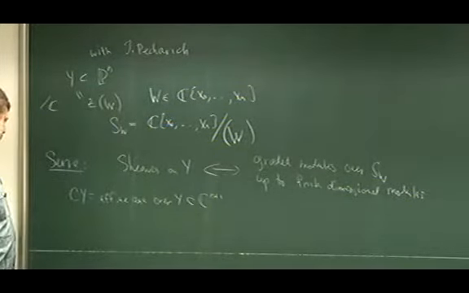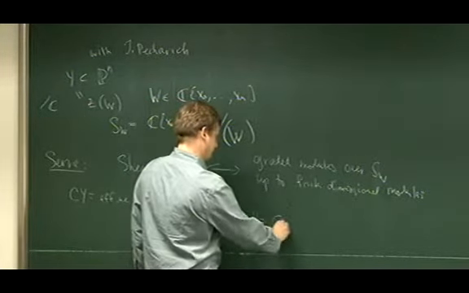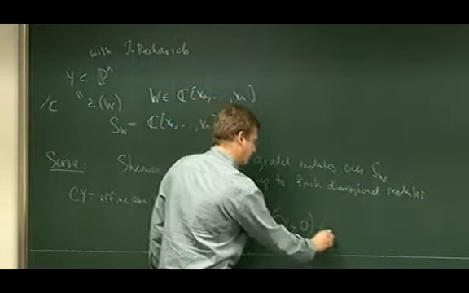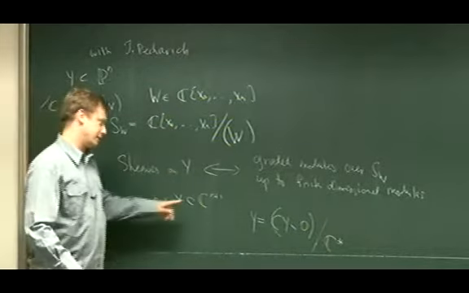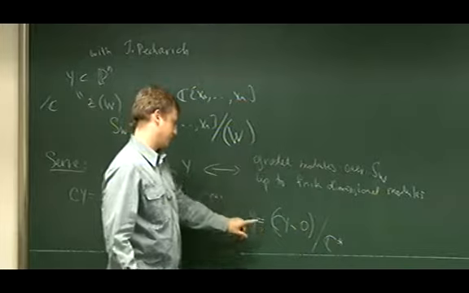Right. So obviously we could say that Y is this affine cone without the origin, and then you mod out by the natural action of C star. And I want to say that this description corresponds to this description.